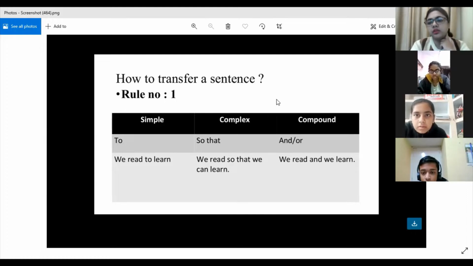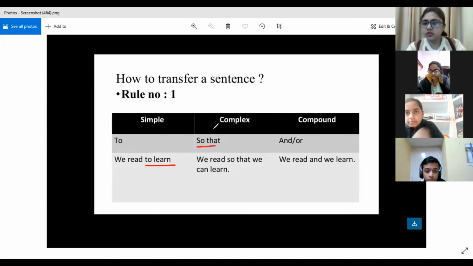And if you are going to convert it into compound, then you will be using and or. Let us have a look at the example. We read to learn. Here to learn is an infinitive. So when there is an infinitive in a sentence, we will use so that to change it into complex.